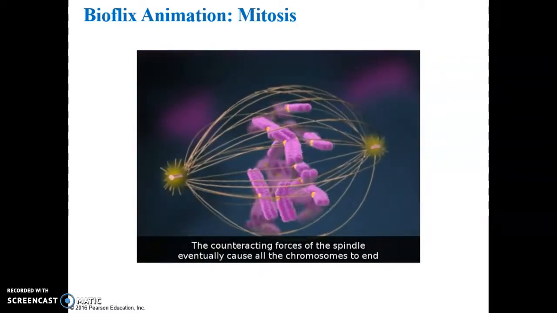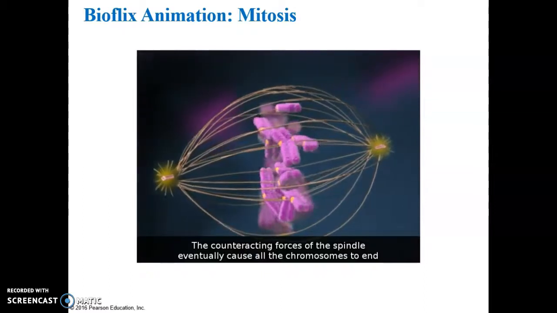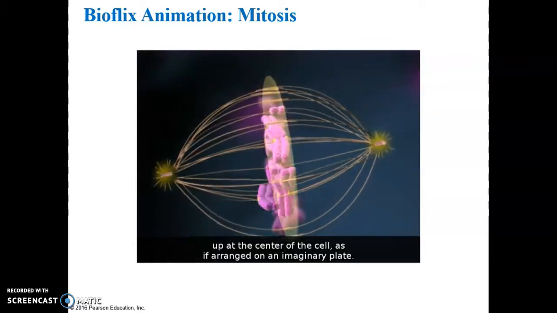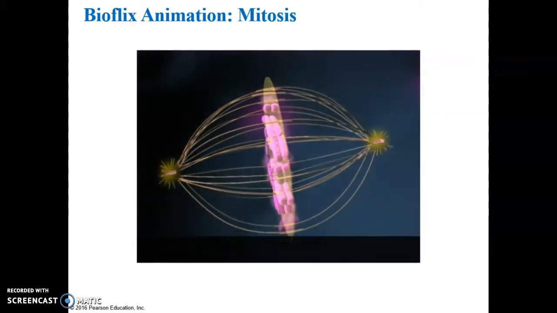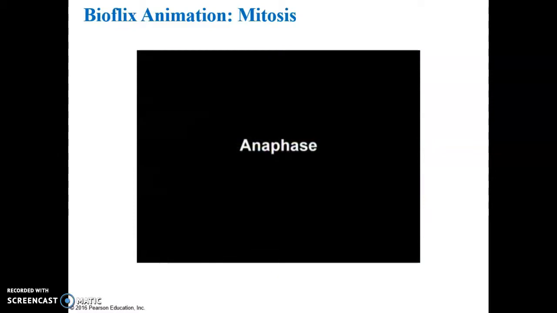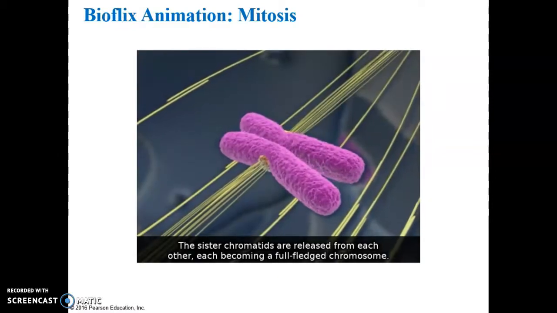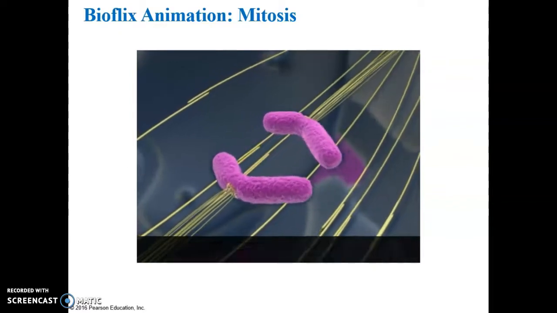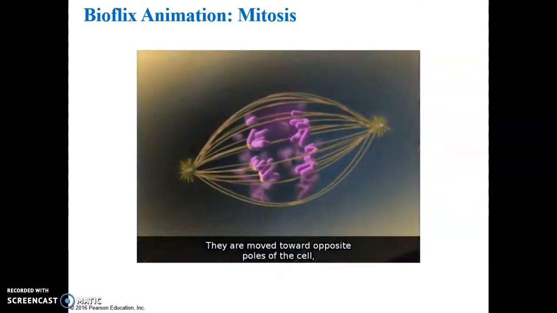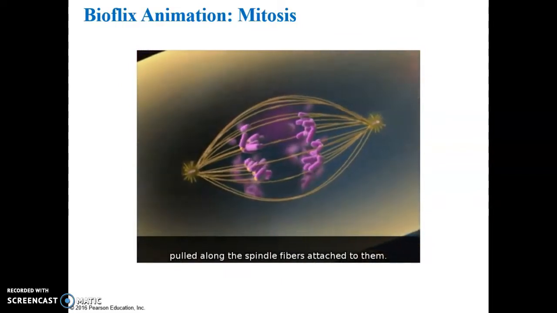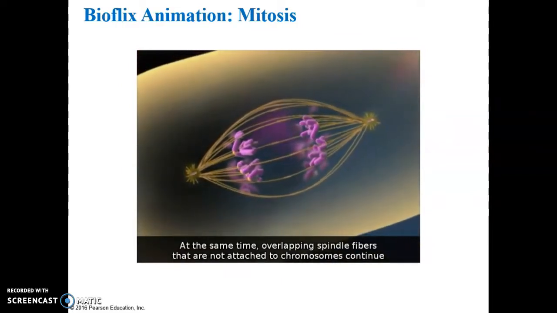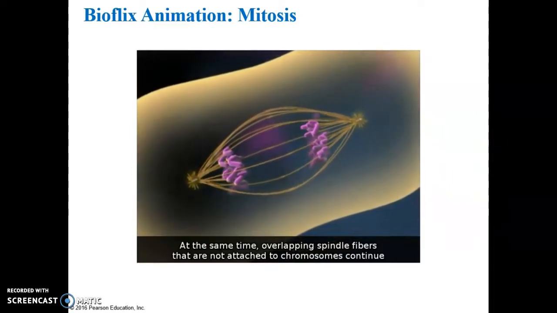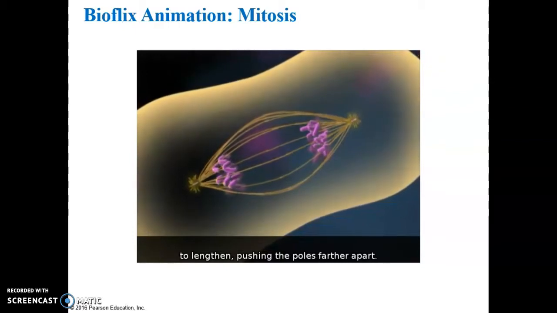The counteracting forces of the spindle eventually cause all the chromosomes to end up at the center of the cell, as if arranged on an imaginary plate. The sister chromatids are released from each other, each becoming a full-fledged chromosome. They are moved toward opposite poles of the cell, pulled along the spindle fibers attached to them. At the same time, overlapping spindle fibers that are not attached to chromosomes continue to lengthen, pushing the poles farther apart.